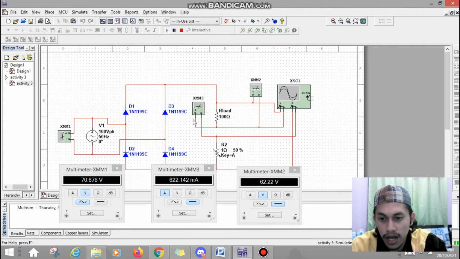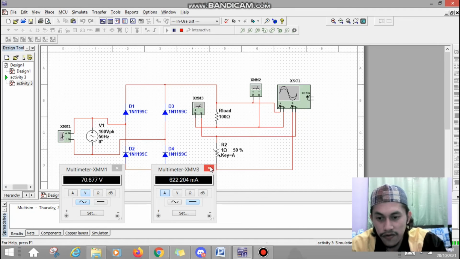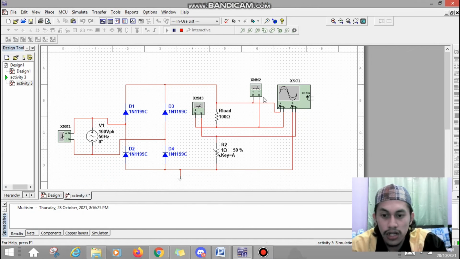The next multimeter shows Vout for the R load, which is 62.222421. And the last multimeter shows the IR for the R load, which is 622.21 milliampere.